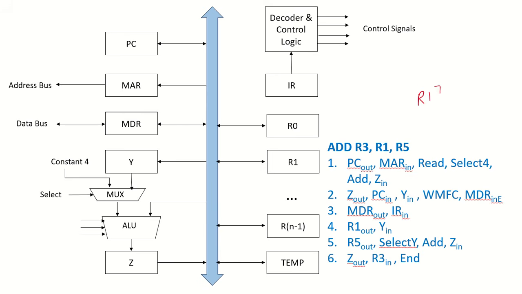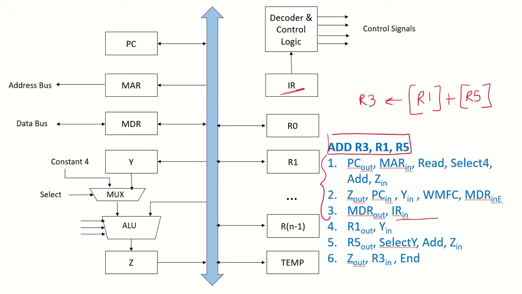So here R1 has to be added to R5 and the result has to be put in register R3. So as we have seen in our previous lecture, 3 clock cycles will be used for the fetch of the instruction. At the end of these 3 clock cycles, the instruction is available in this instruction register.